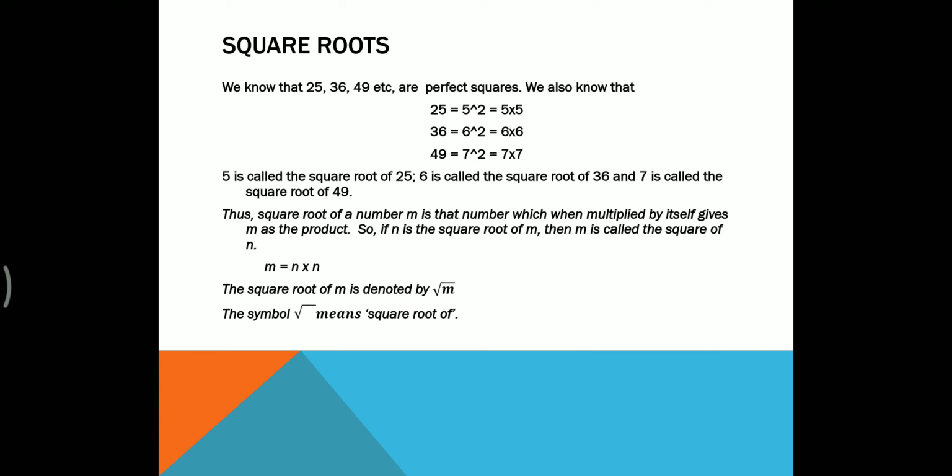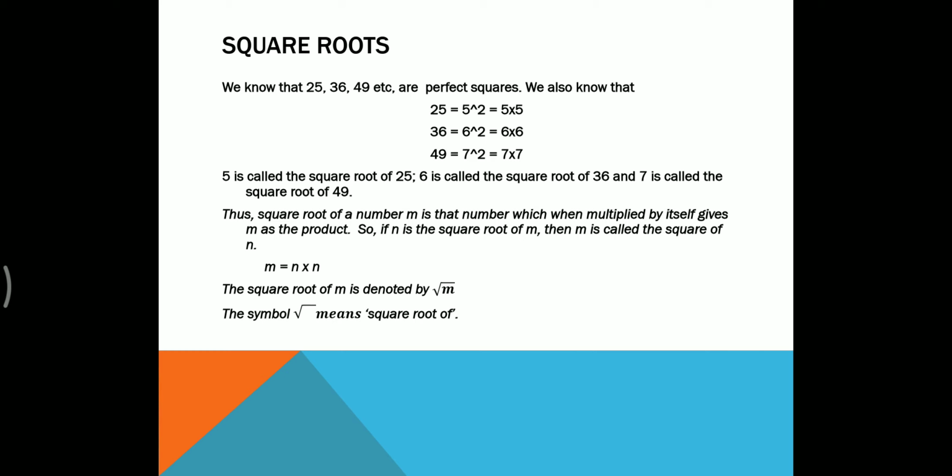You can see that 5 is called the square root of 25, 6 is called the square root of 36, and 7 is called the square root of 49. Thus, the square root of a number, say m, is that number which when multiplied by itself gives m as a product.